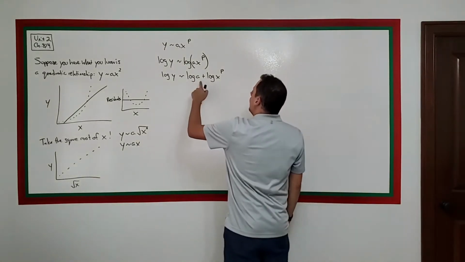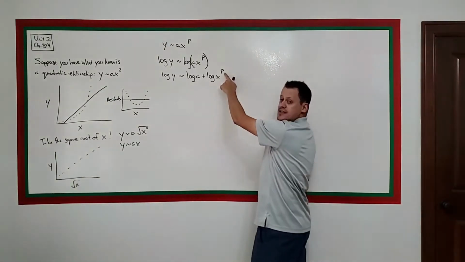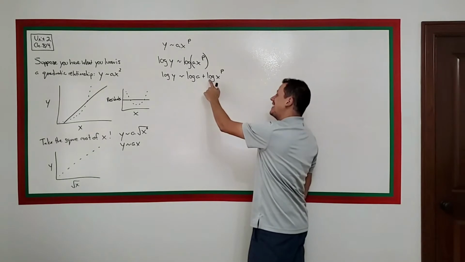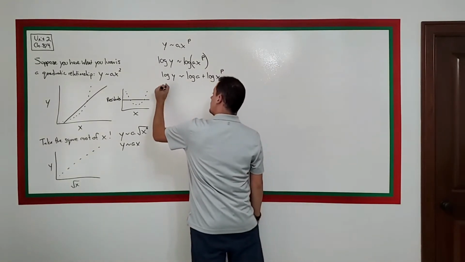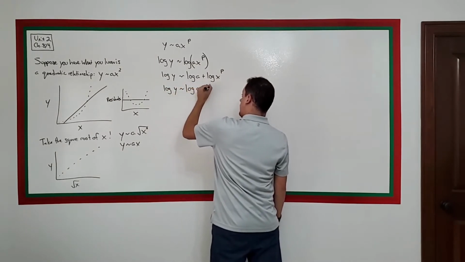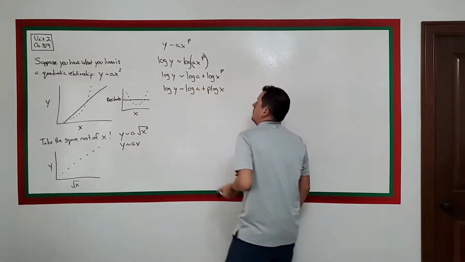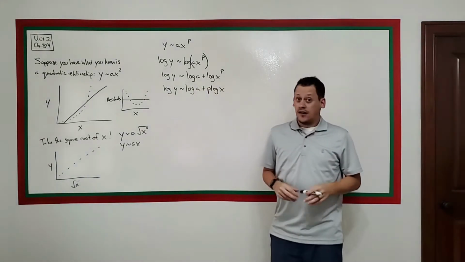Okay. And one more power of logs. The whole point is that we want this p out of the exponent. If this is a log, then that p can go out front. So we get this, p log x.